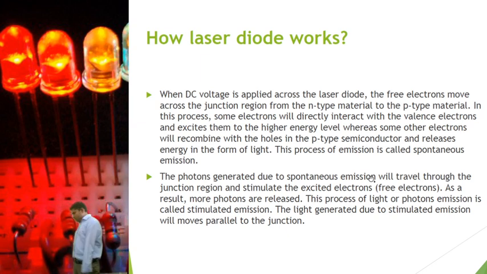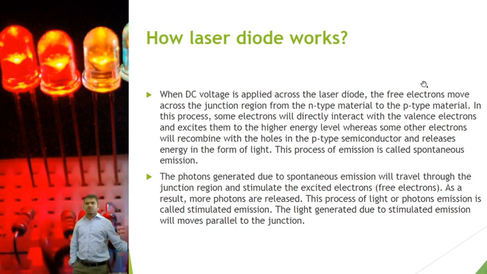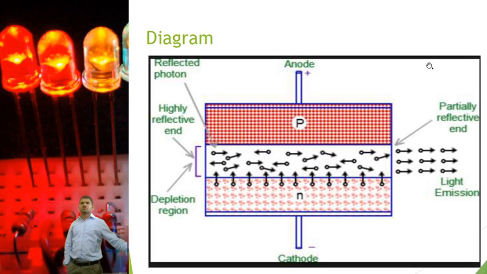Now, coming to the actual operation of the laser diode. Before I go into the working of this laser diode, I want to show the construction. This is the construction of a laser diode. We have an anode and cathode, p-type semiconductor material and n-type semiconductor material. 2 mirrors are there.